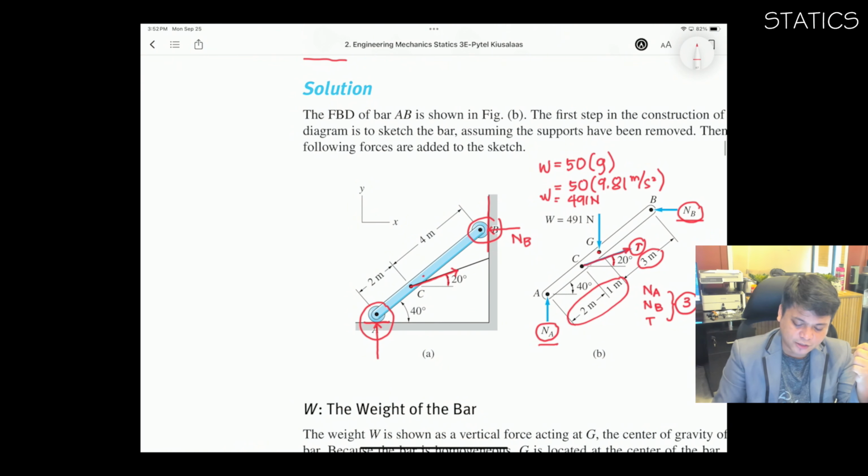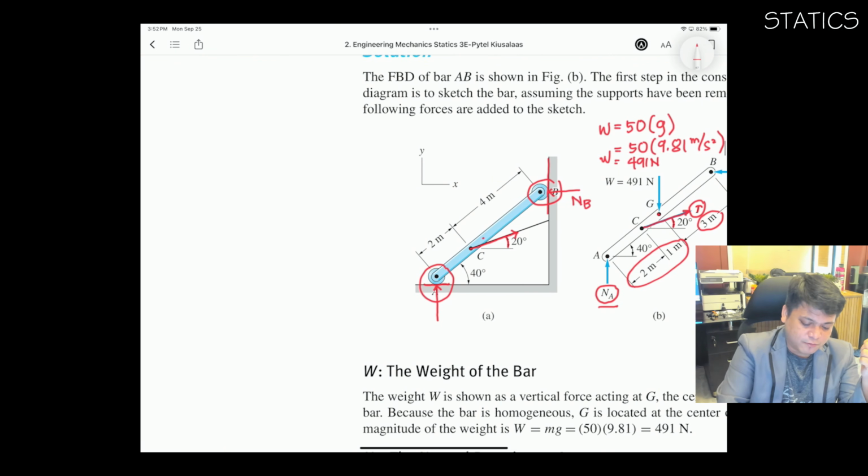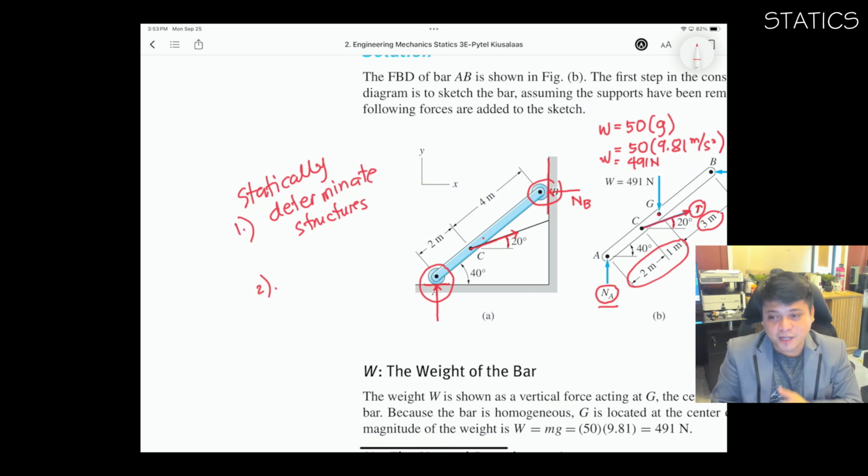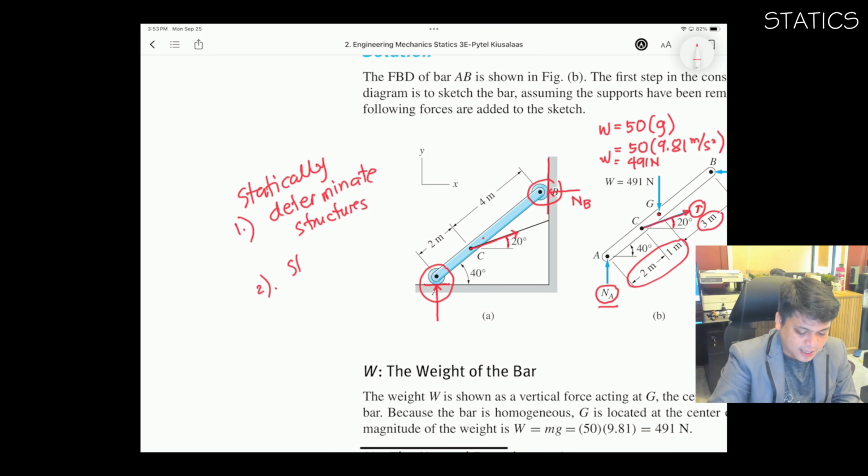So, ang tawag po dito, okay, kapag tatlo yung maximum unknowns, tinatawag po natin siyang statically determinate. Okay? Statically determinate structures. Okay? Kapag naman po naging 4 or mahigit, ang tawag po natin sa kanila is statically indeterminate.